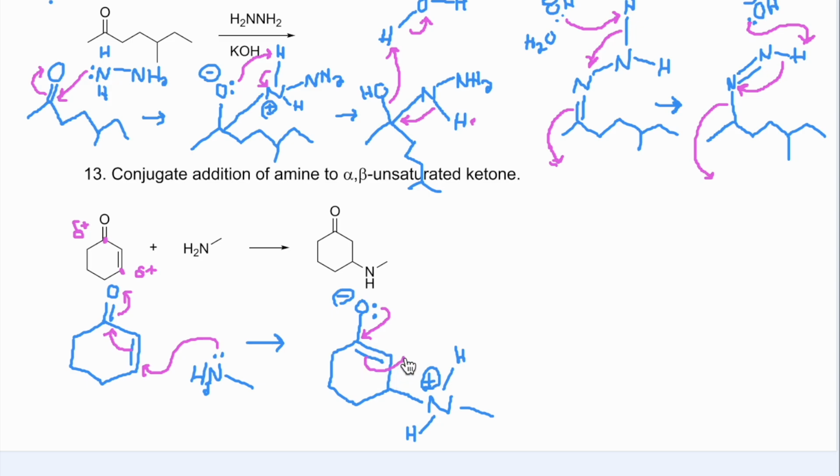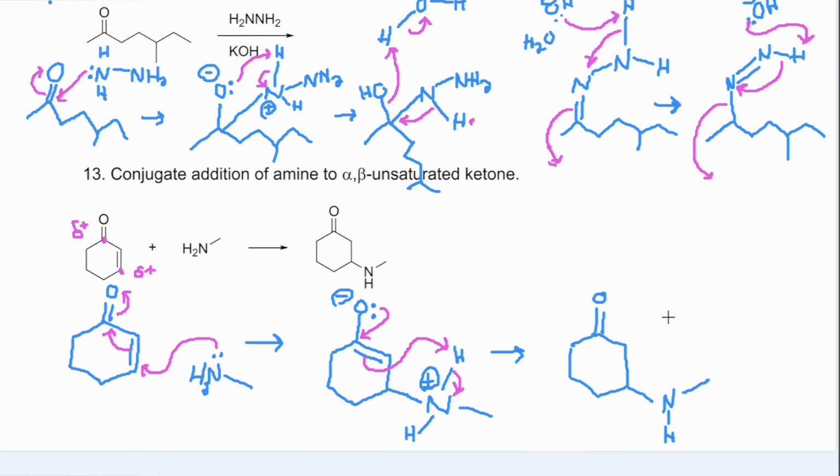This pi bond, we can show it grabbing a proton from somewhere else and also show this proton falling off, but I will just show it grabbing this particular proton. So we have reformed our ketone. There is no longer a double bond between the two carbons. This carbon now has two hydrogens on it because it got one of the protons from nitrogen.